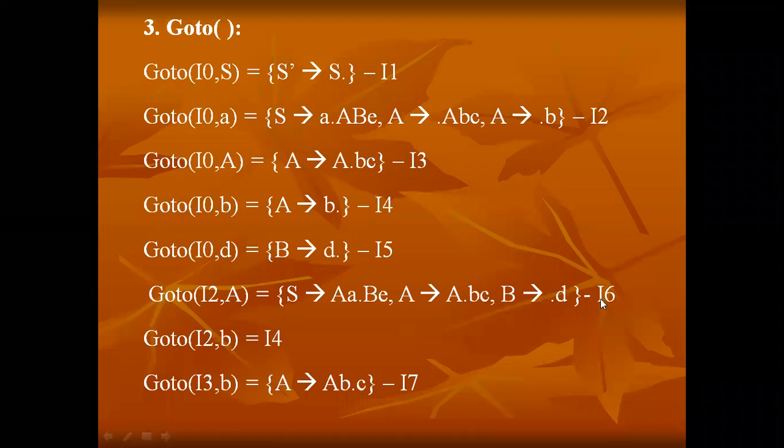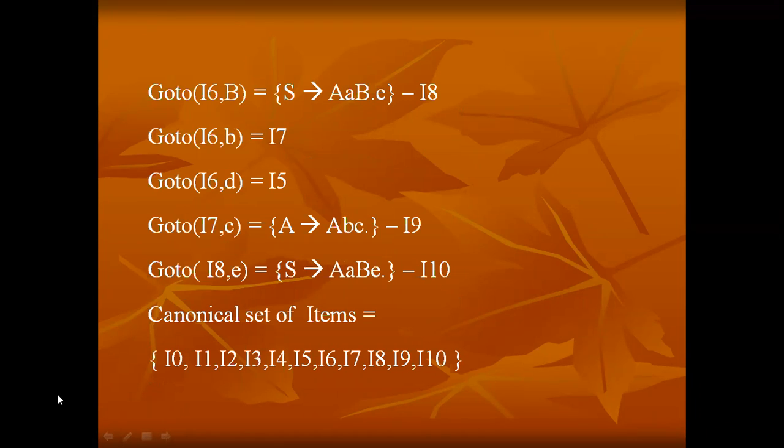Now go to I6. In I6 we have dot B, dot B, dot D. So we need to call I6 with the variable B, I6 with the terminal B, and I6 with the terminal D. See here, I6 with B. What is I6 with B?